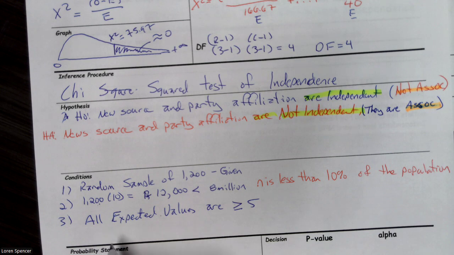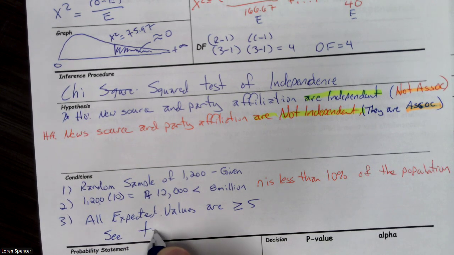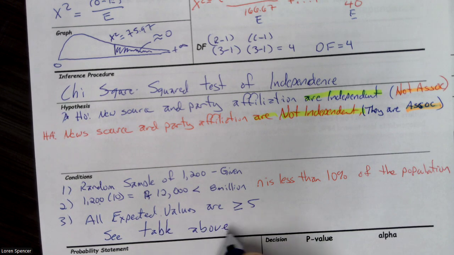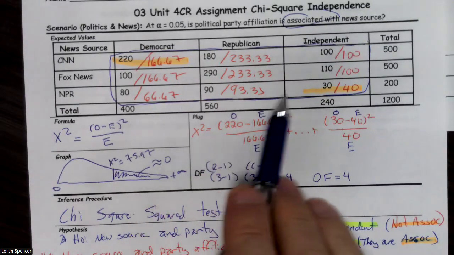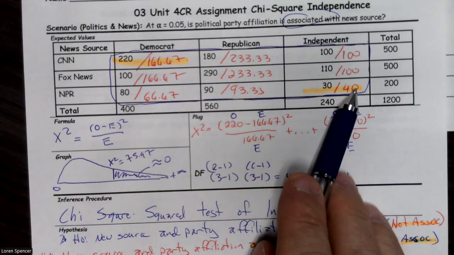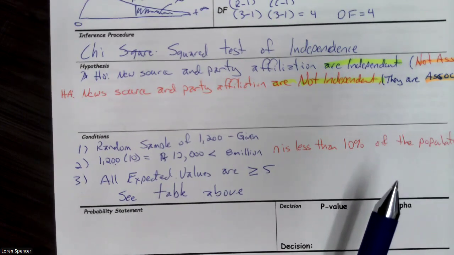And we're going to refer people to the table above. See table above. And we look and we check, and I see that the smallest expected value that I have is 40. So we're definitely greater.